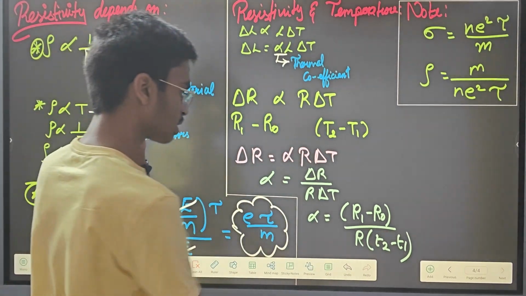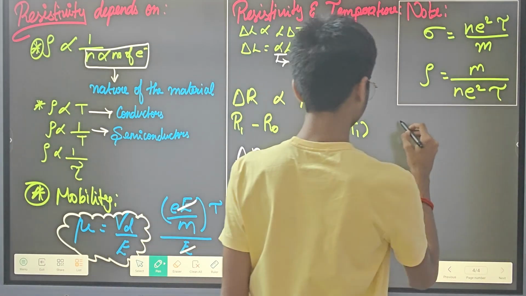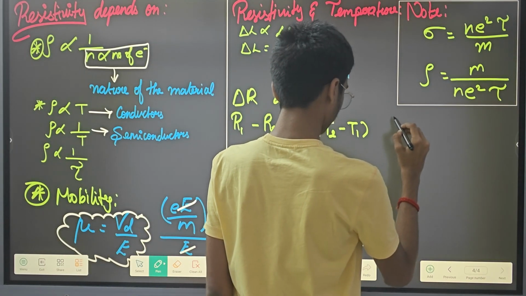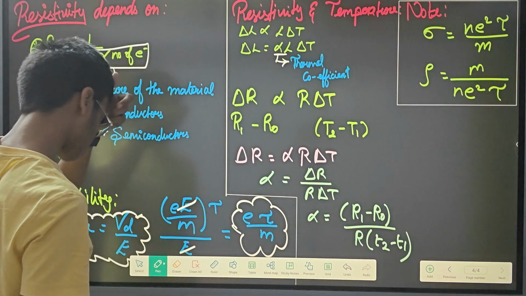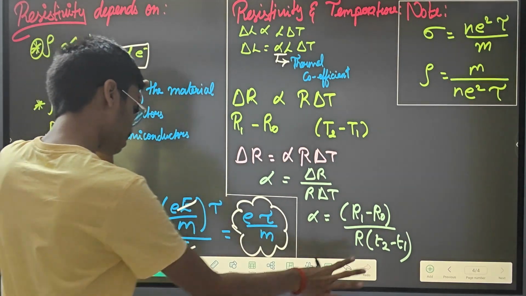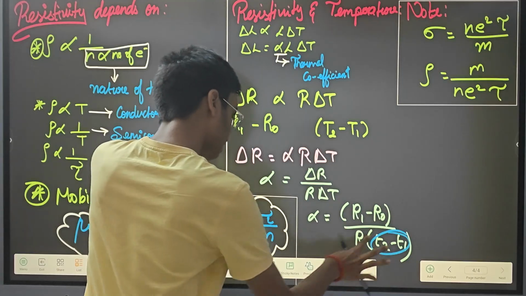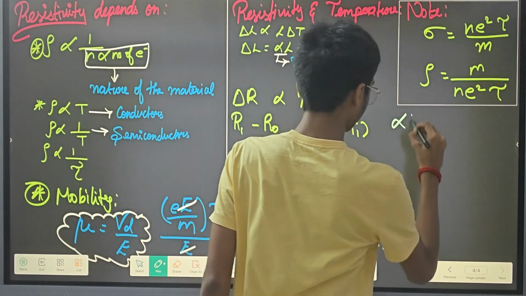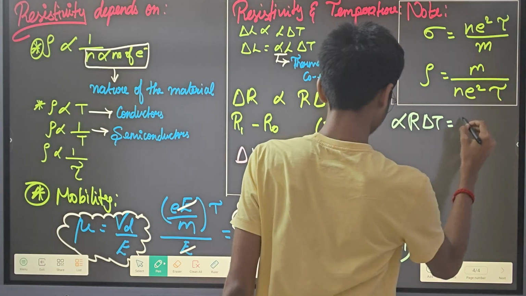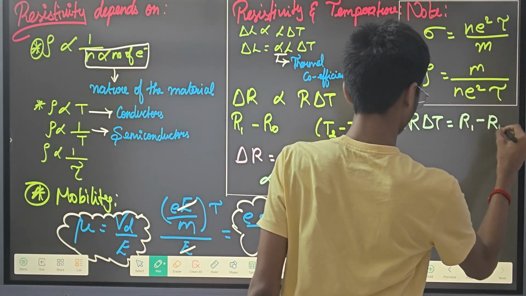If you bring this total thing over here, this particular part alone I will consider as delta T itself. So alpha R into delta T is equal to R1 minus R0.